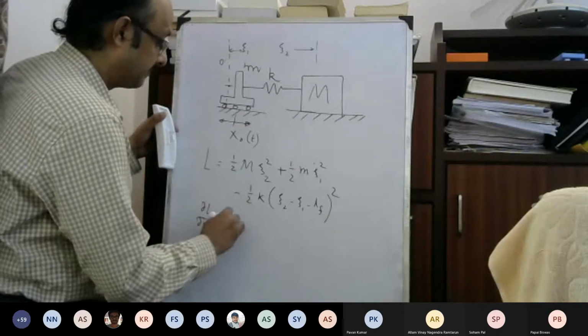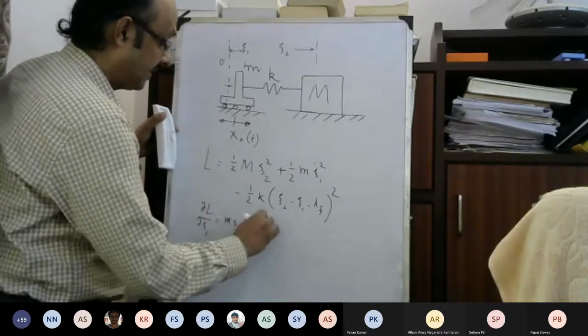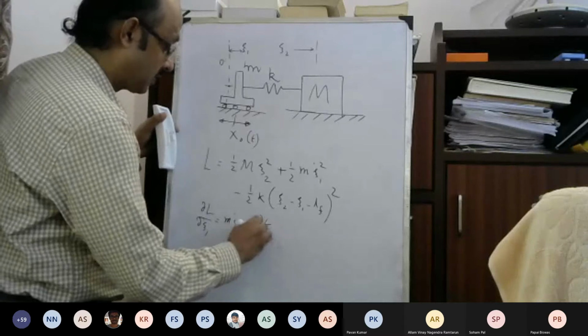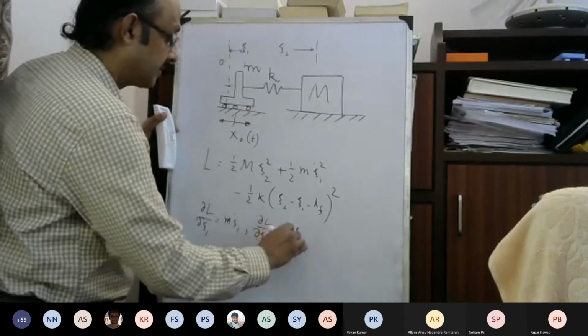Then del L del zeta 1 dot is equal to m zeta 1 dot, and del L del zeta 2 dot is equal to m zeta 2 dot.